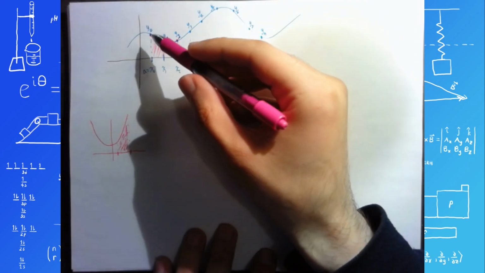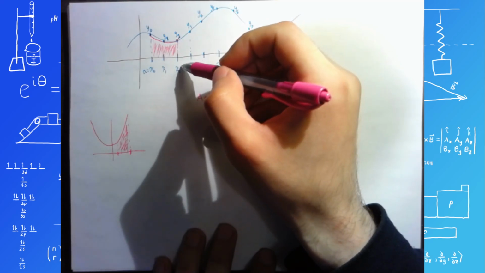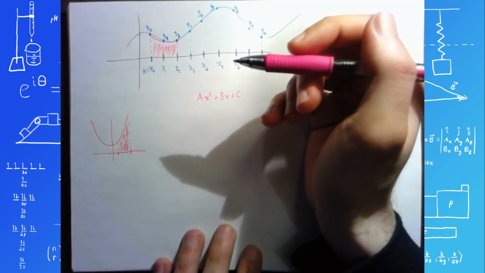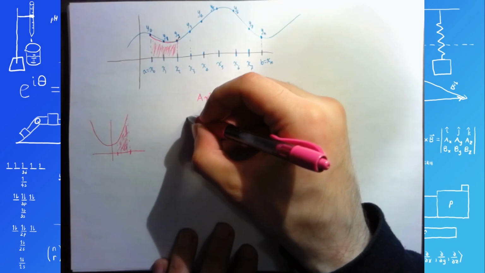So for points (x0, y0), (x1, y1), and (x2, y2) to fit this curve, I would have to satisfy the following conditions.